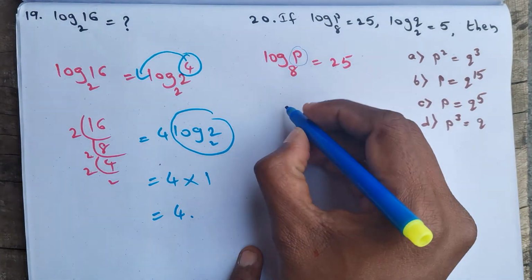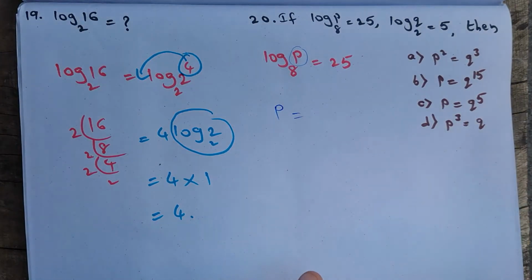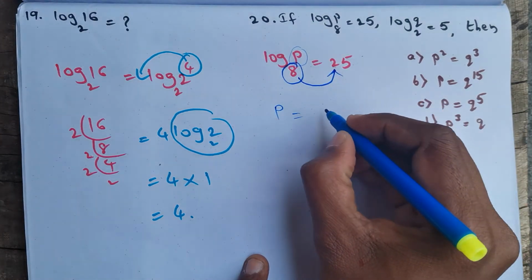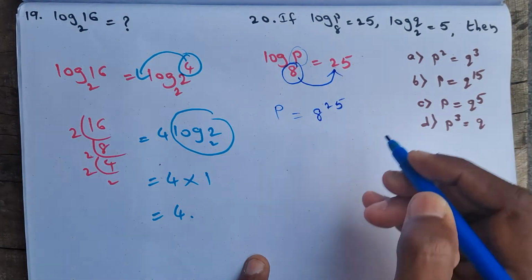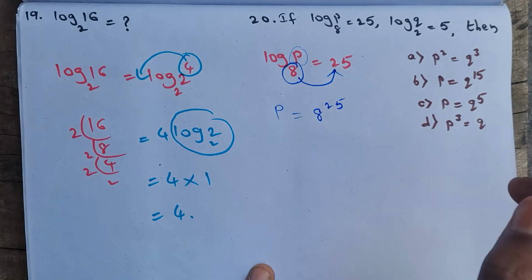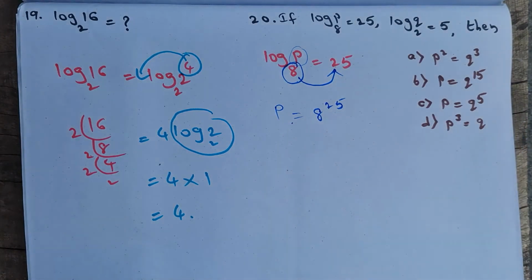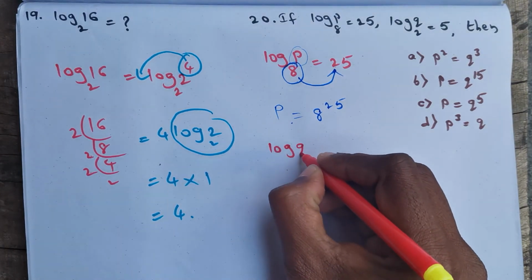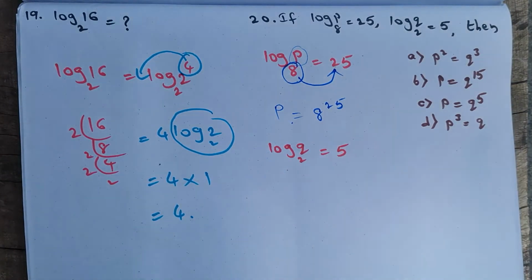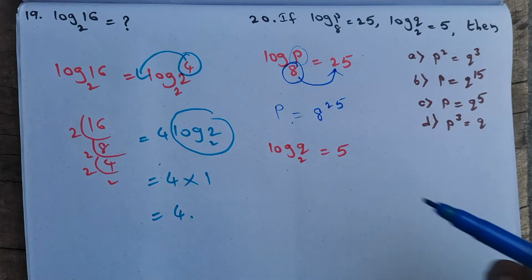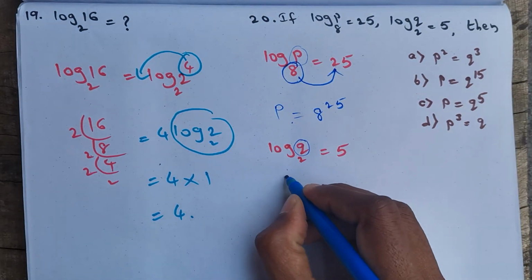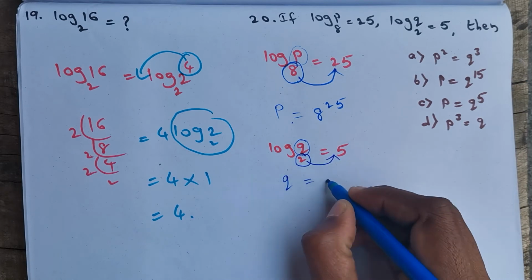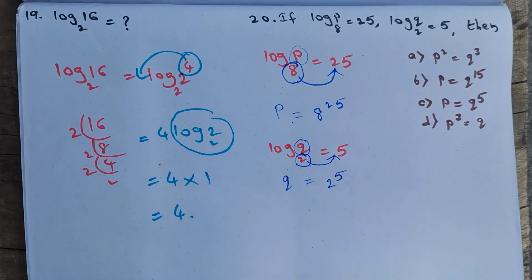Simply write p is equal to, here 8 is the base, so 8 power 25. So p is equal to 8 power 25. Next, the second one is log q base 2 is equal to 5. Here also the same: write q as it is, q is equal to, here 2 is the base, carry it as the base only, 2 power 5.